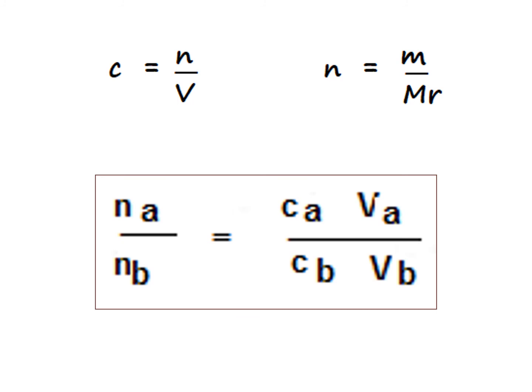But here, because you are working with titration and unknown acids or unknown bases, you may combine the above formulas into na, the mole of the acid, over nb, the mole of the base, equals the concentration of the acid multiplied by the volume of the acid over the concentration of the base multiplied by the volume of the base.